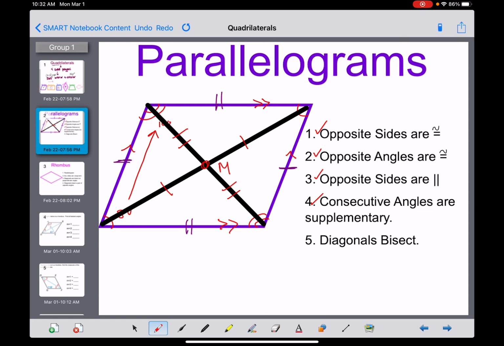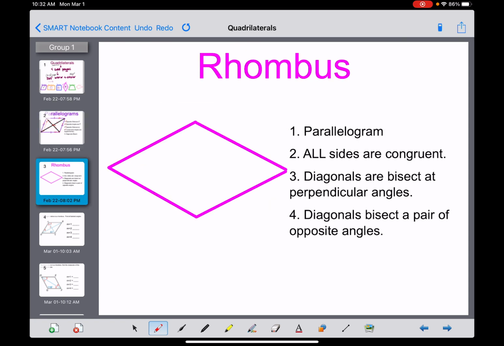So all of that information is important because when we study rhombi, the first characteristic is that they have all the same characteristics of a parallelogram. So their opposite sides are parallel to one another.